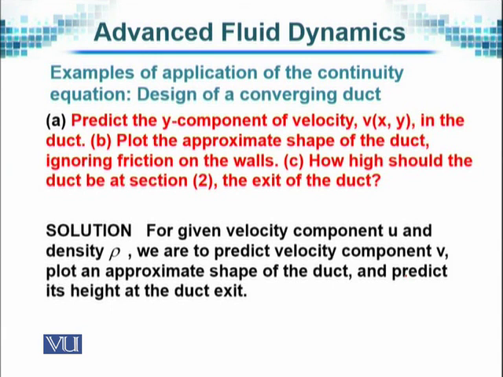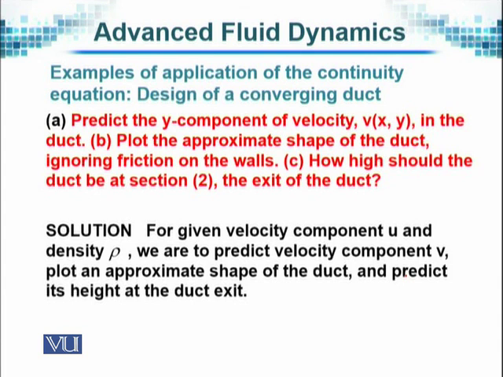So there are several assumptions that have been imposed, and by considering those given conditions, we have to determine the three things required here: the y component of the velocity v, plotting of the shape of the duct, and the height of the duct at exit.